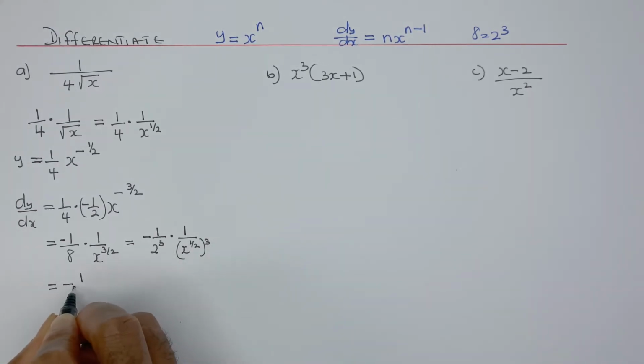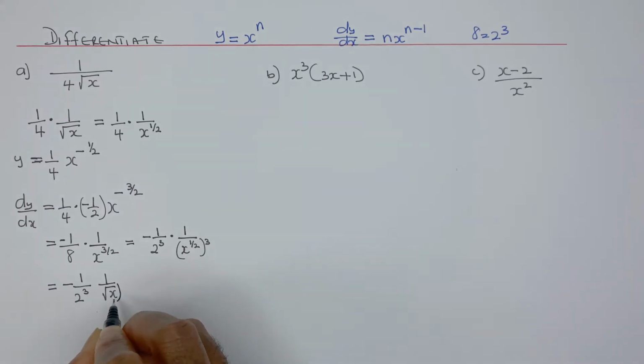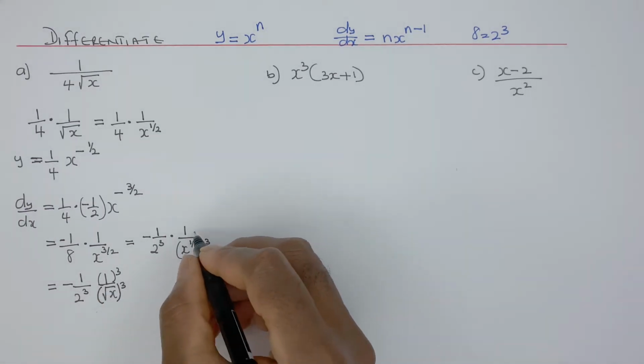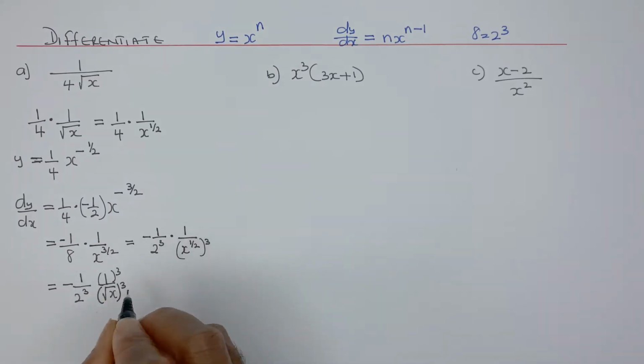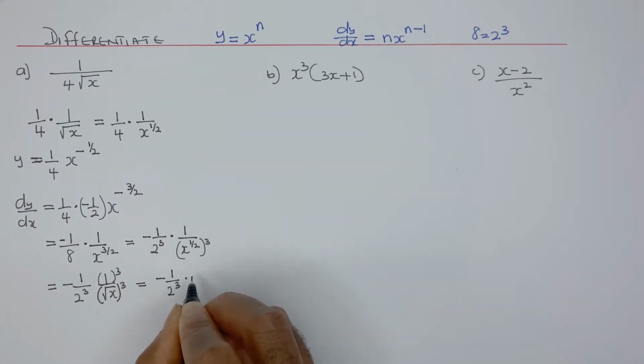So minus 1 over 2 to the power of 3, 1 over root of x, that's the half, and all to the power cube. In fact, that 1 is also to the power cube as well, but 1 to the power of cube is 1. So I could write minus 2 to the power of 3 times 1 over root of x, or cube.